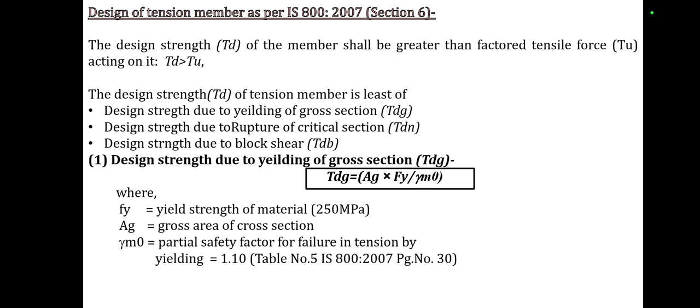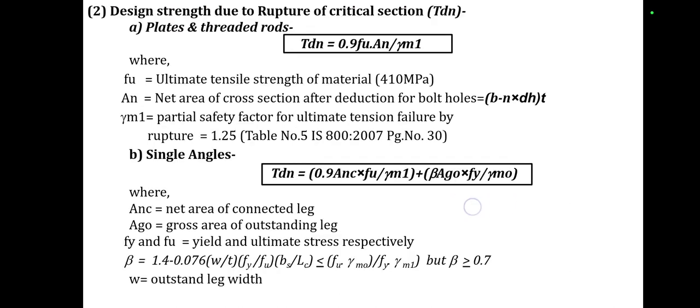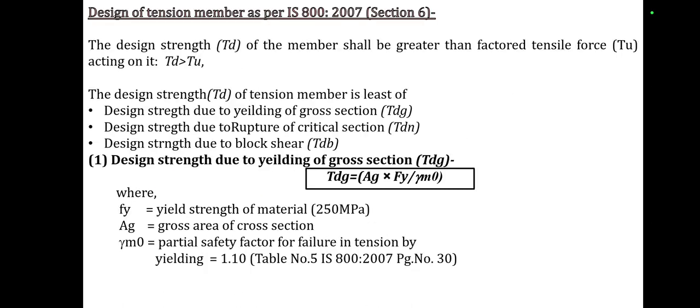Hence we need to calculate all three strengths, and after calculating these design strengths, we have to check the minimum strength of these three and thereafter design the section from it.